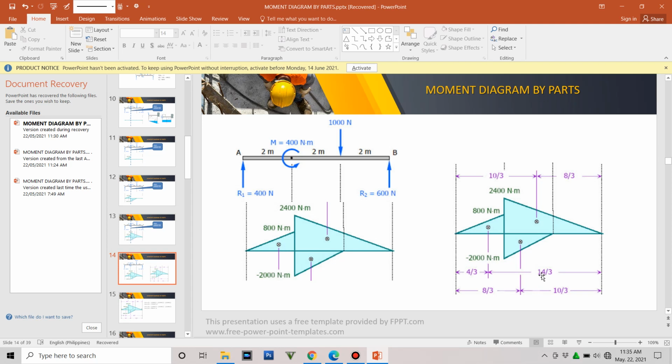And then for the second triangle, the biggest triangle, which has a 2,400 height, what is its overall base? Its overall base is 4 meters. So this centroid, up to the head of this triangle, is 1/3 times 4, which is equivalent to 4/3.